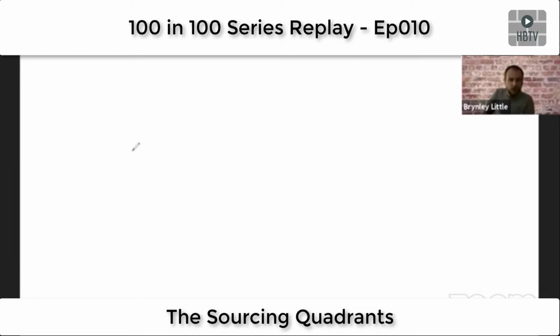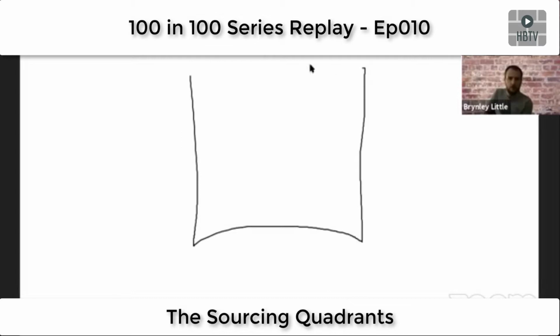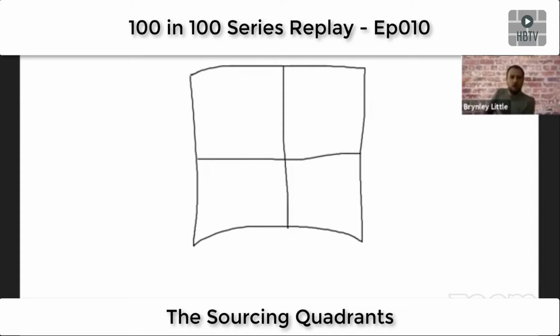Okay, so to explain what I mean by the sourcing quadrants, as I said, every lead that you're going to generate will fall into one of these quadrants. So forgive my misshapen square, but we'll do our best. So you've got four quadrants. Firstly, you've got direct to owner, so we put D2O at the top.